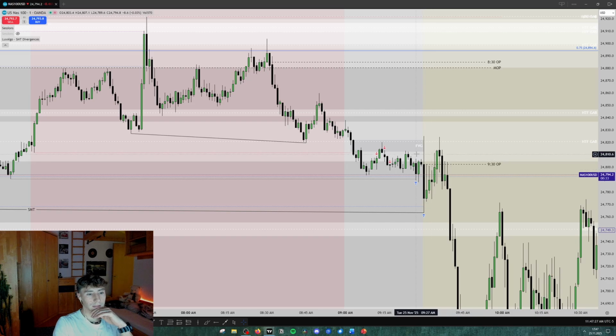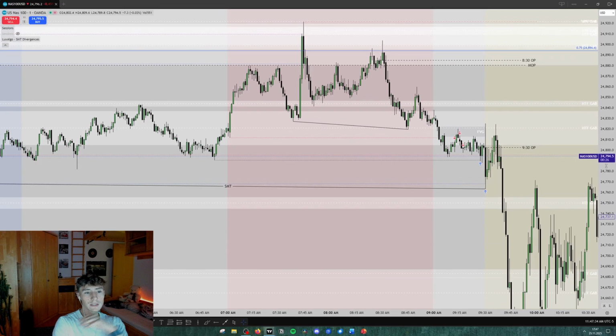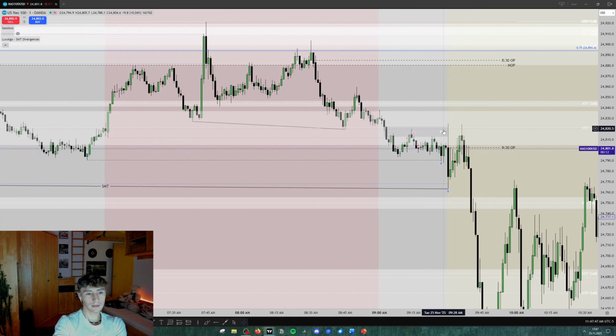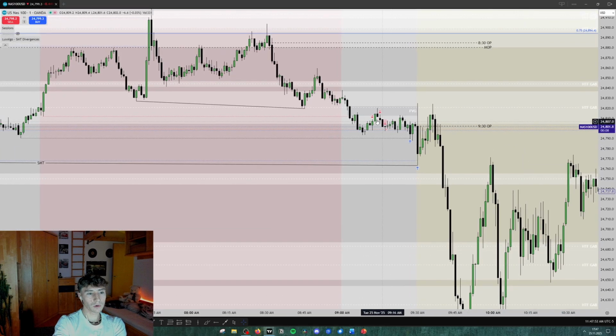Obviously, I would have liked to see the 9:30 just expand lower, but that's basically the reason I'm a bit disappointed in trading pre-market. I think a year back or so, I took really clean trades within the 9 AM macro, but nowadays the opening is just way more volatile, I think, or it's more that we wait for the opening, basically for 9:30, and then we are able to displace in one direction.